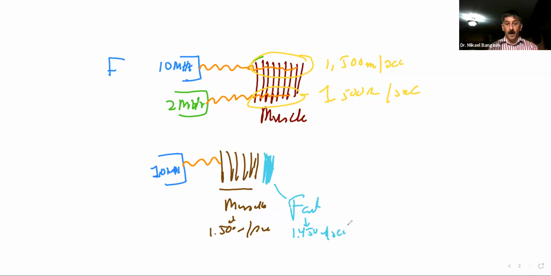Although it was the same transducer at 10 megahertz frequency, we can say the period for this transducer was 0.1 microseconds.